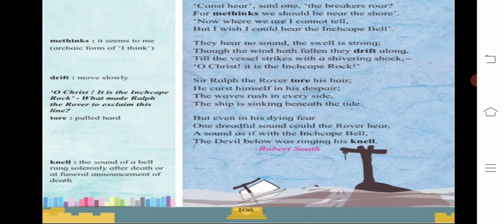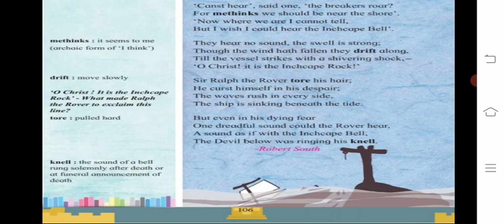Sir Ralph the Rover tore his hair. Why was he tearing his hair now? He just wanted to curse himself, because he was cursing himself. He cursed himself in his despair. Despair means what? Complete hopelessness. He had lost his hope because he knew his destiny, that he killed someone, and obviously he is now being killed by the same.